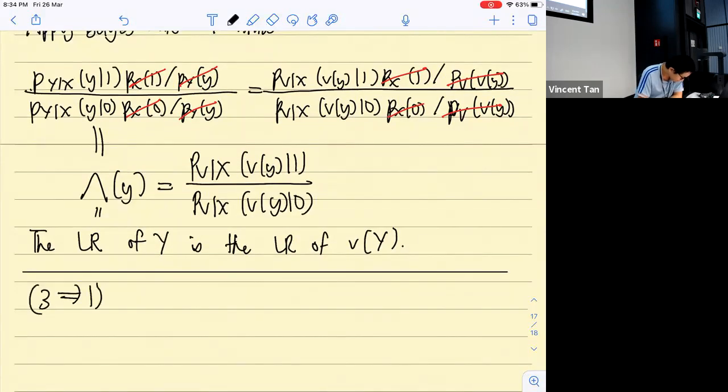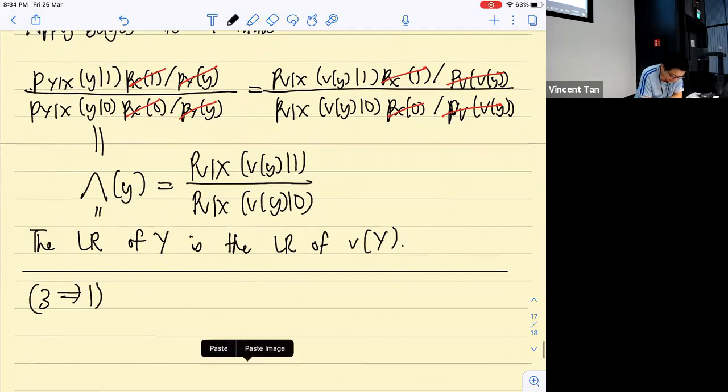So what is 3 and what is 1? 3 is basically that the likelihood ratio is the likelihood ratio of y is the likelihood ratio of vy.